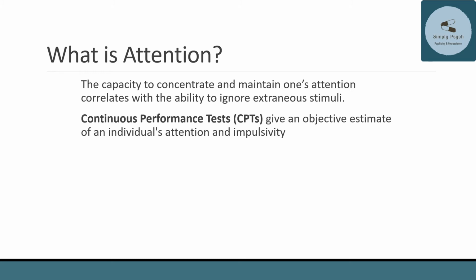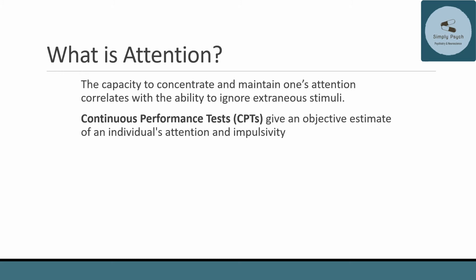And the continuous performance tests, which give an objective estimate of an individual's attention and impulsivity, are given to people to test their ability to do these things. What we call these CPTs are basically tests where subjects watch a computer screen and hit a button or click a mouse whenever a specified sequence of symbols or letters appears. The CPTs reflect the subject's capacity to attend, as well as the ability to restrain impulsive answers.